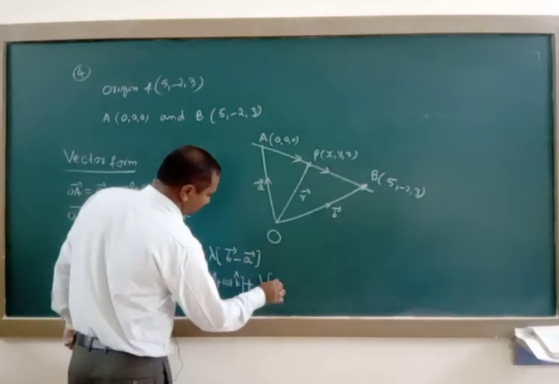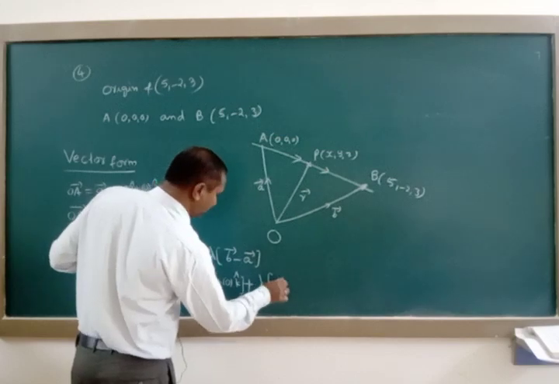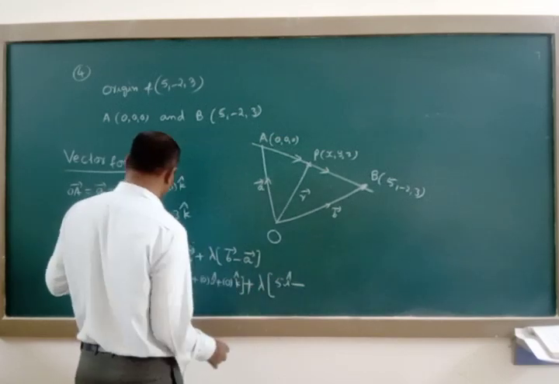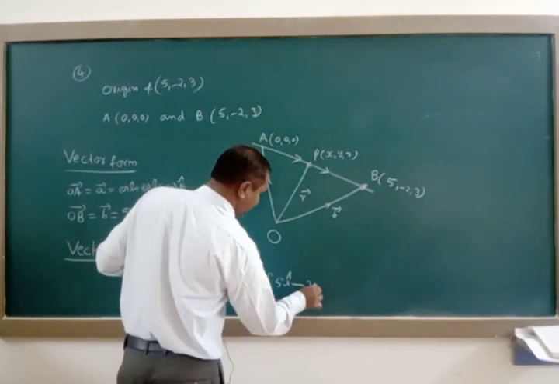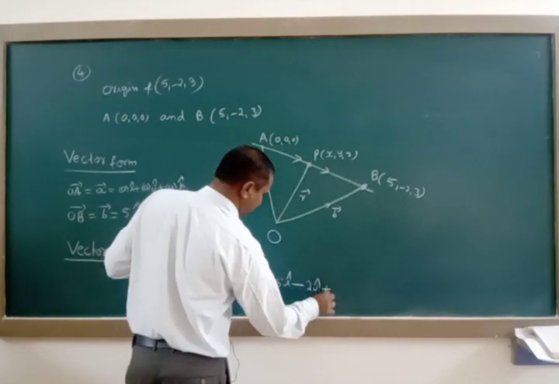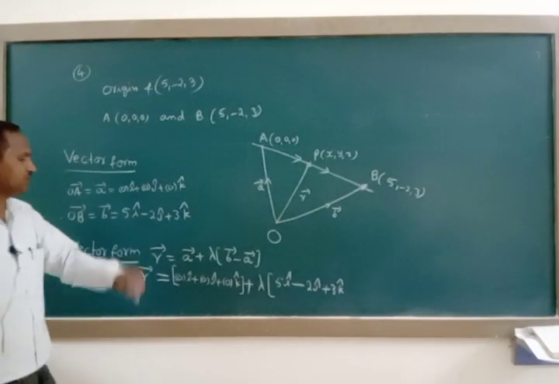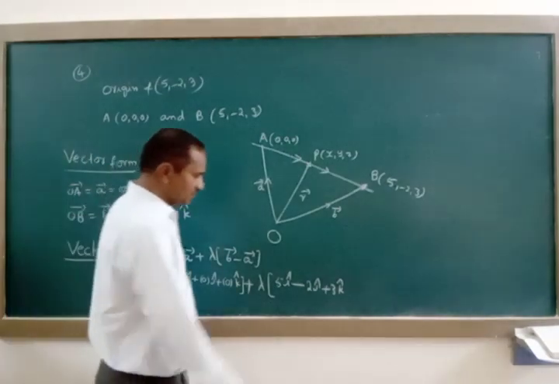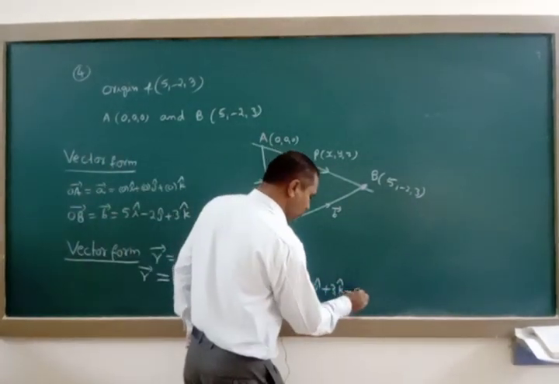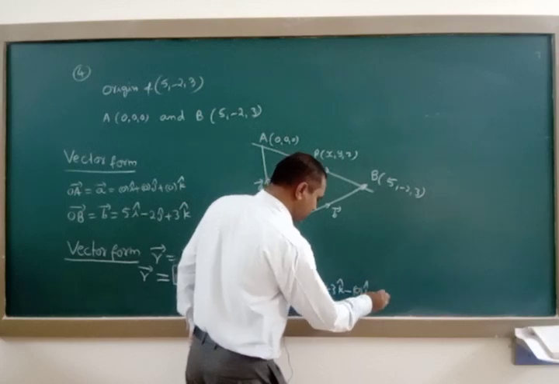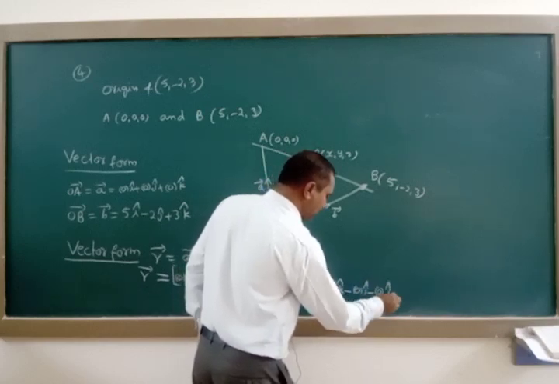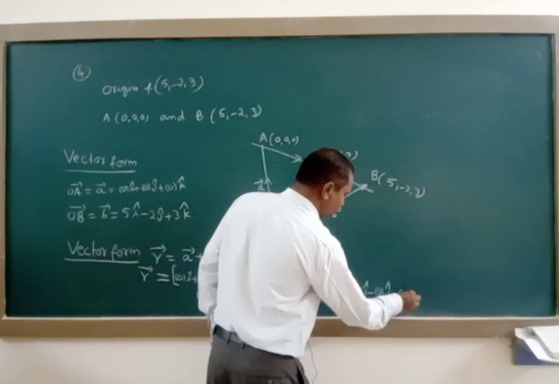B vector is 5i cap minus 2j cap plus 3k cap. Next, minus of means all the symbols will be changed. That is minus 0i cap, minus 0j cap, minus 0k cap.